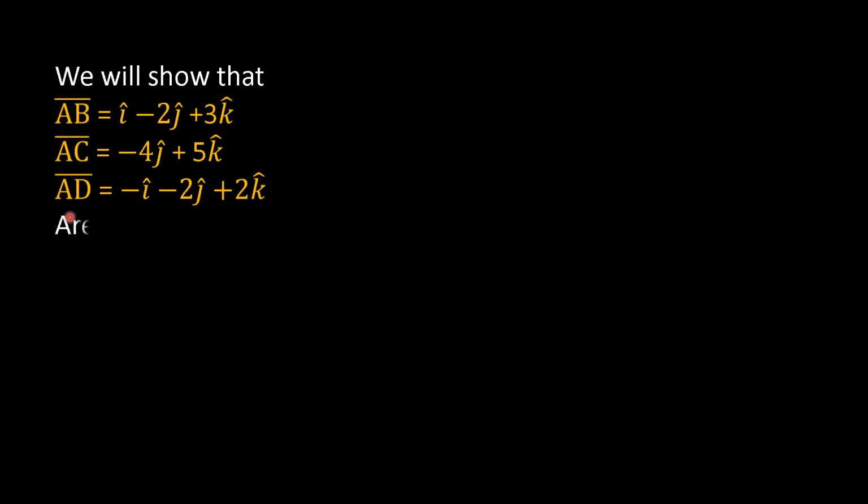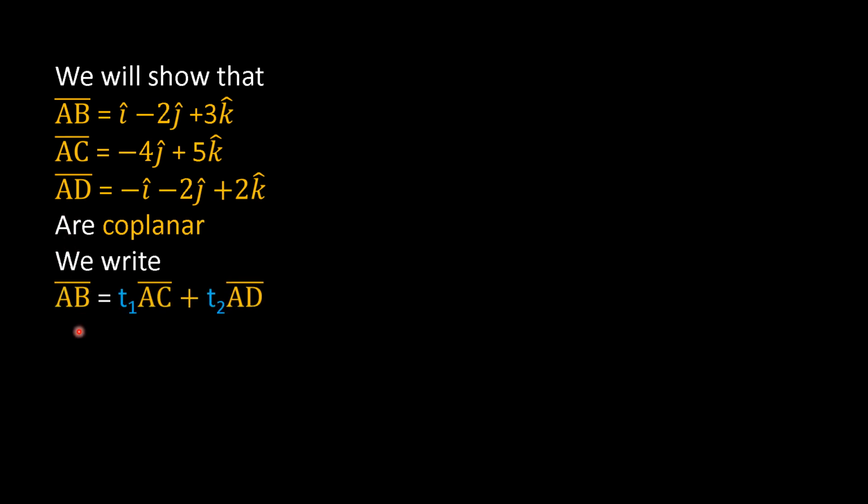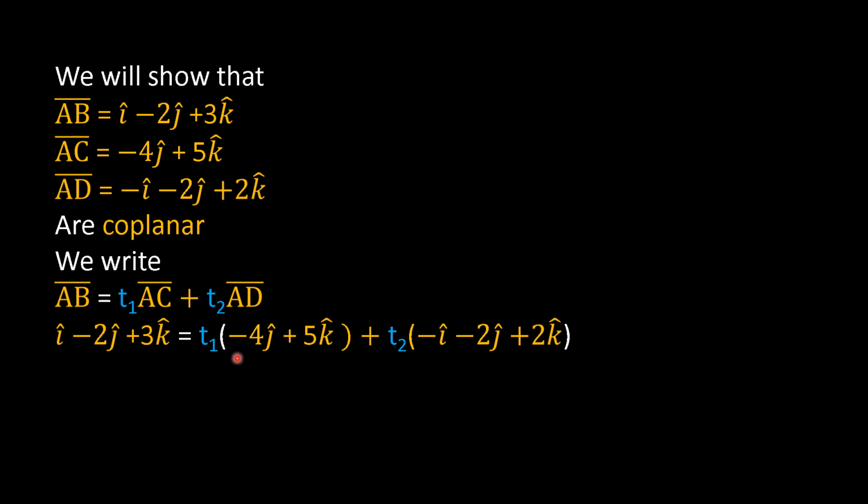We will show vectors AB bar, AC bar and AD bar to be coplanar. For that, we will write AB bar as a linear combination of AC bar and AD bar, where t1 and t2 are two scalars. We will substitute AB bar, AC bar and AD bar.